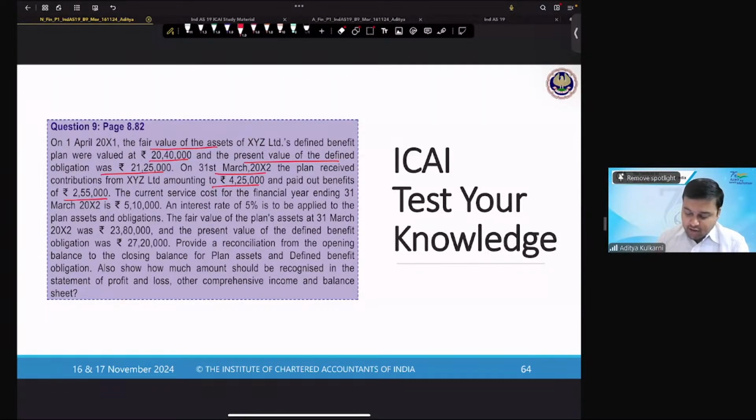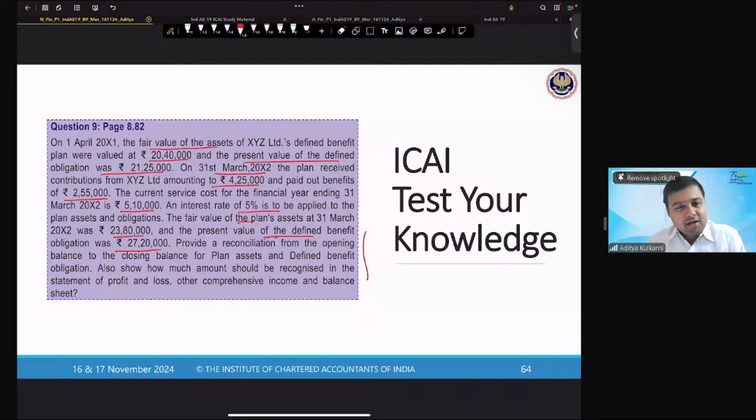Current service cost for the financial year is 5 lakh 10,000. Interest rate of 5% is to be applied. This is your unwinding of discount. Fair value of plan asset 23 lakh 80 and present value of DBO closing is 27 lakh 20. Provide a reconciliation from opening balance to the closing balance. Show how much amount should be recognized in the P&L, OCI and the balance sheet.